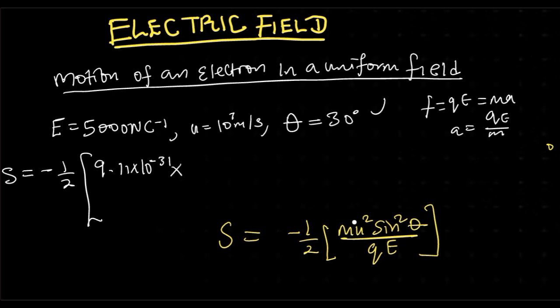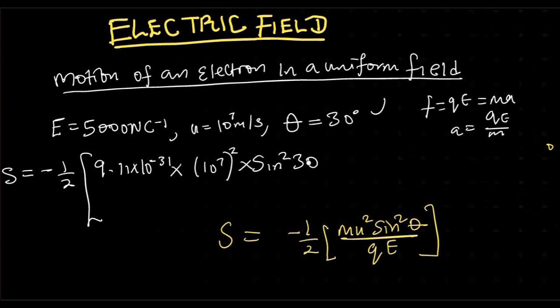Times what is u? u is the initial velocity given, so that is bracket 10 raised to power 7 whole squared times sine squared 30.